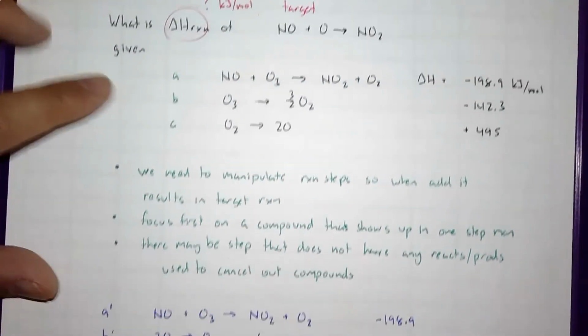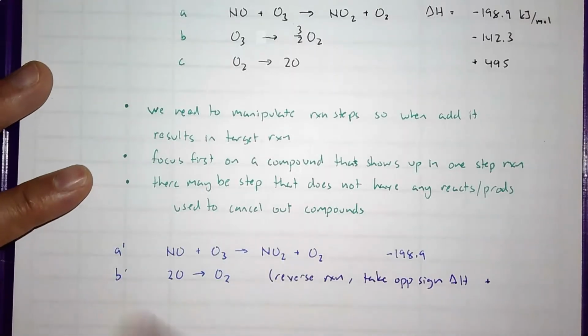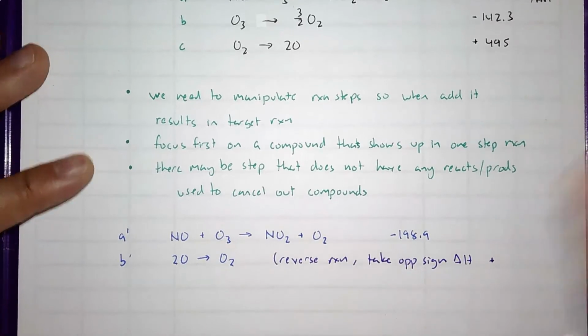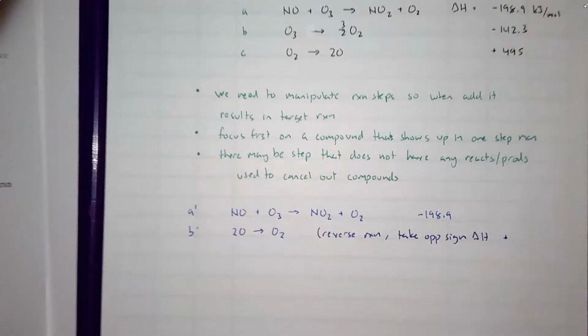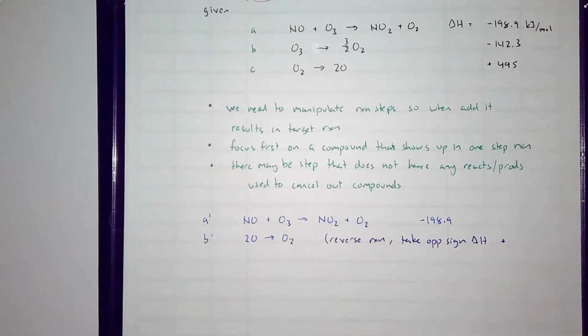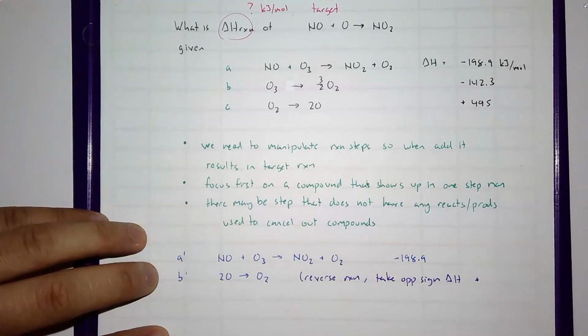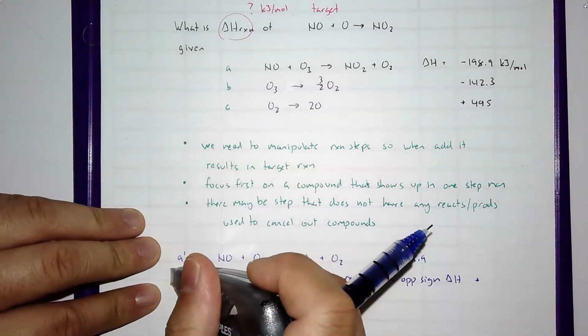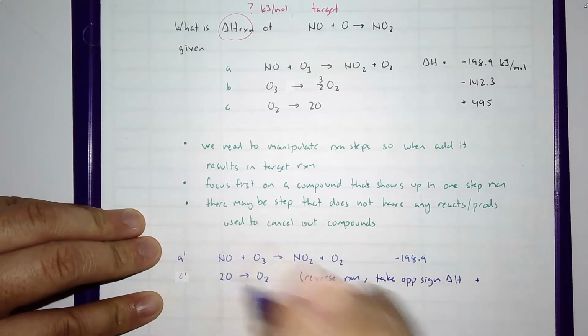Oh, so what's delta H of the reaction? See, I messed up there, right? This is reaction C that we're manipulating. Let me zoom out so we can hopefully see all of it. Yes, this is reaction C, and we're changing it to a C prime.